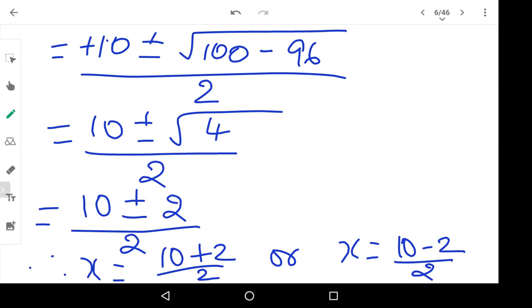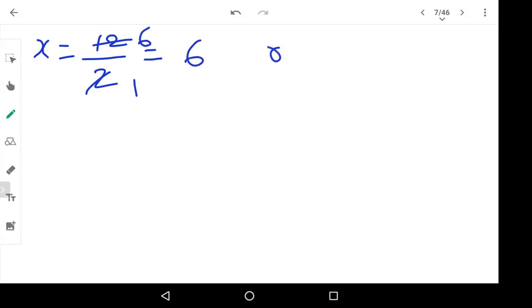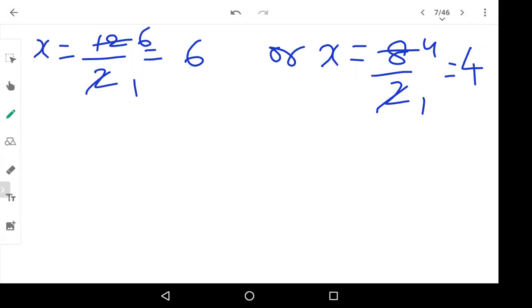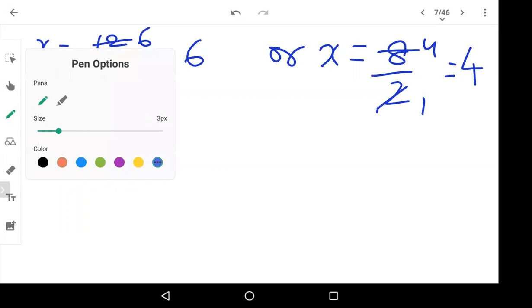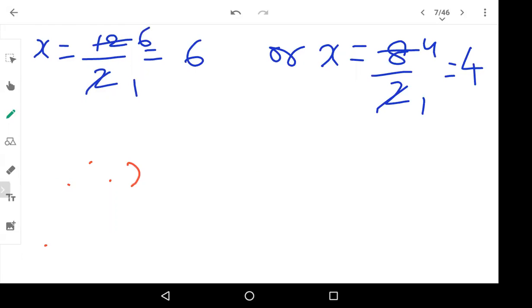Now simplify. x is equal to 10 plus 2 is 12 by 2, which is 6, or x is equal to 10 minus 2 is 8 by 2, which is 4. Therefore, x is equal to 6 or x is equal to 4.